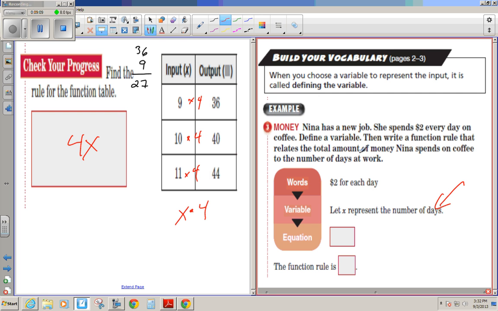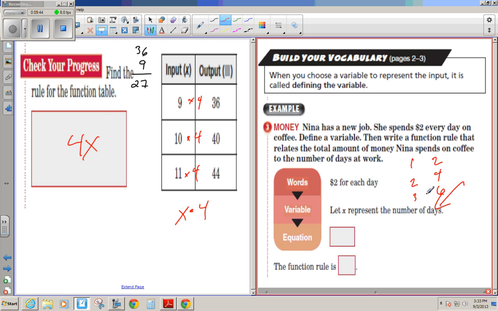Nina has a new job. She spends $2 every day on coffee. Define the variable. Let x represent the number of days. Then write a function rule that relates the total amount of money Nina spends on coffee to the number of days worked. So if x represents the number of days, 1 day would be $2, 2 days would be $4, 3 days would be $6.